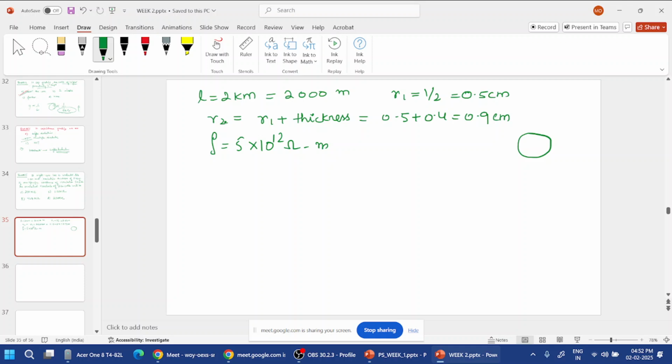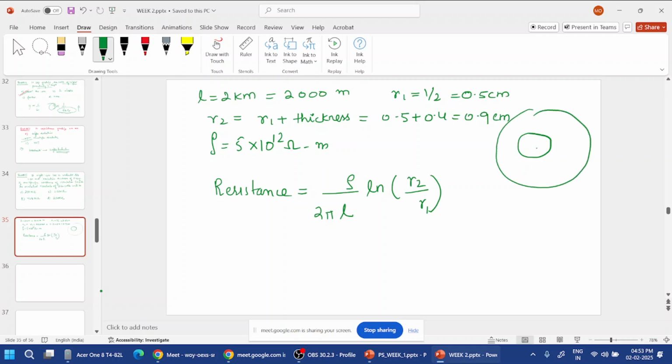So the insulation resistance R is equal to rho by 2 pi L into log R2 by R1. This is R1 and this is R2, 0.5 and 0.9.